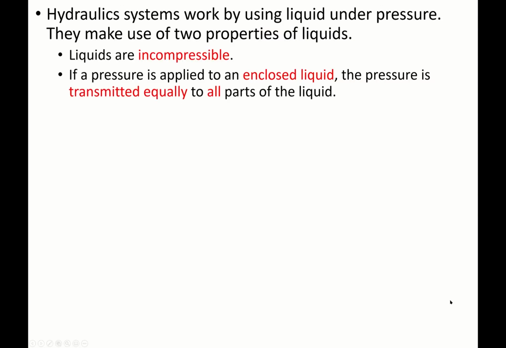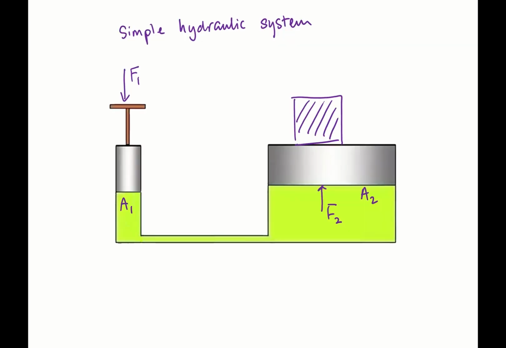The hydraulic system works by using liquid under pressure. So when we go back to this system, the green interface that you see is commonly oil, but it is actually a liquid.